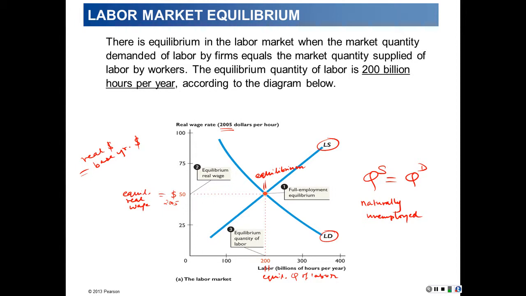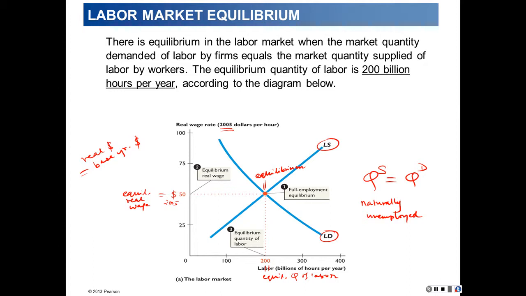Now, according to this diagram, at a real wage of $50, the quantity supplied of labor equals the quantity demanded of labor. Is that correct? Now, what's the quantity demanded of labor? That would be the number of jobs that firms wish to fill in terms of man hours.